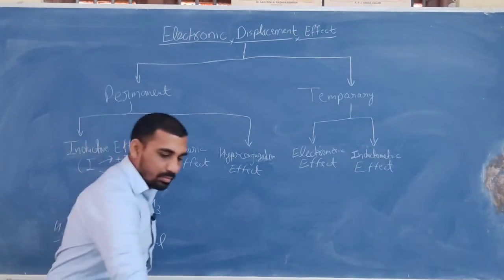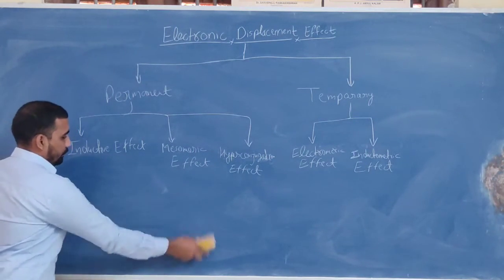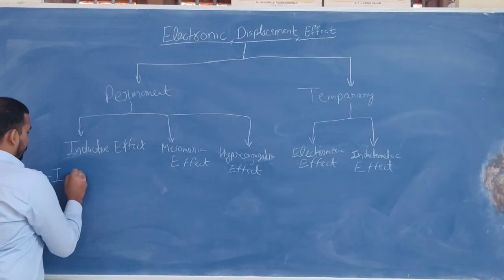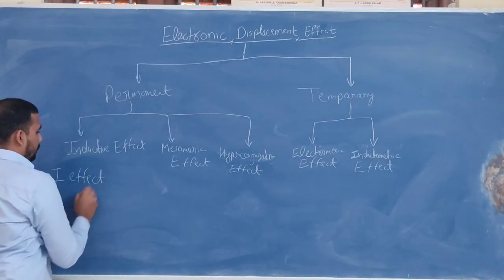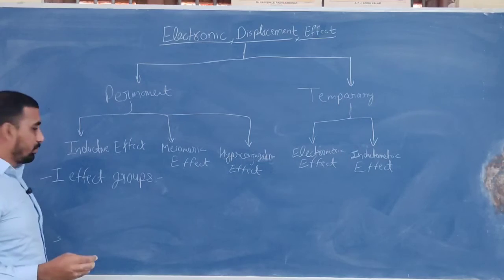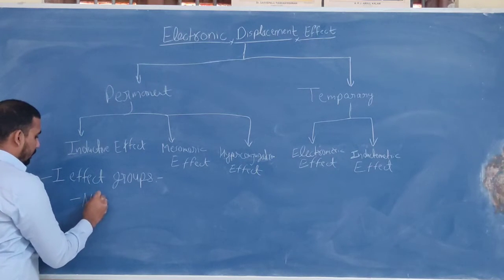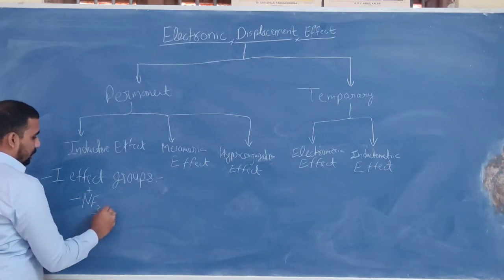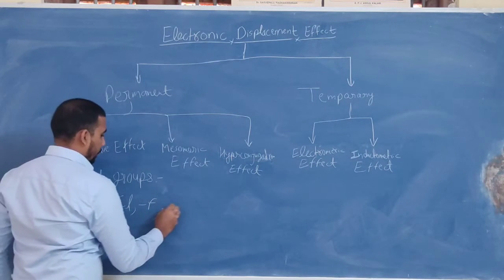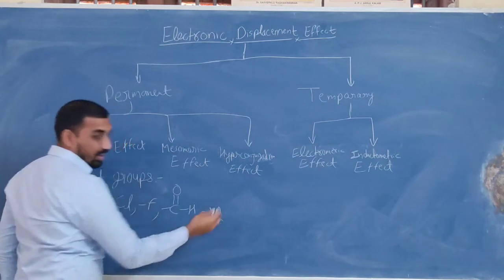I will write some groups which show plus I and minus I. Some important groups which show minus I effect are NF3 plus, chlorine, fluorine, aldehyde group, nitro group, and so on.